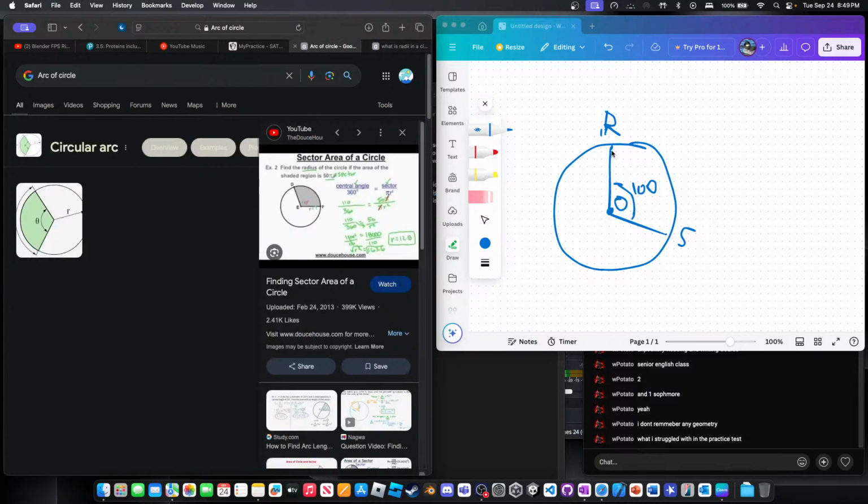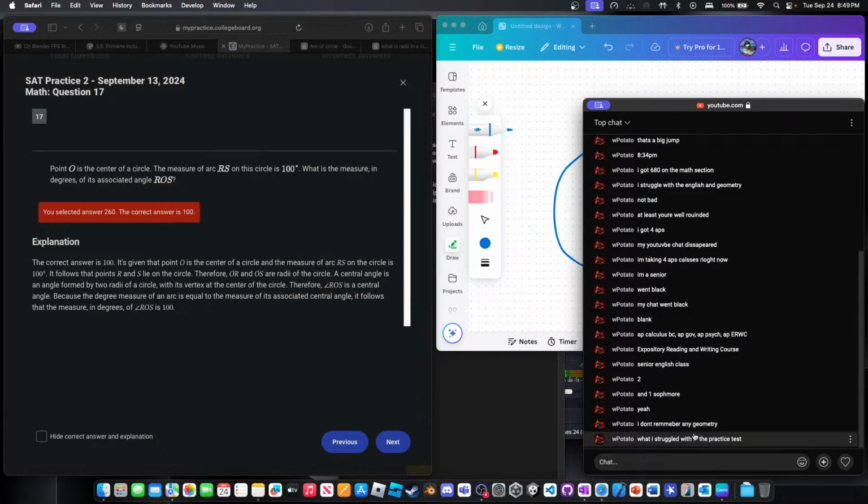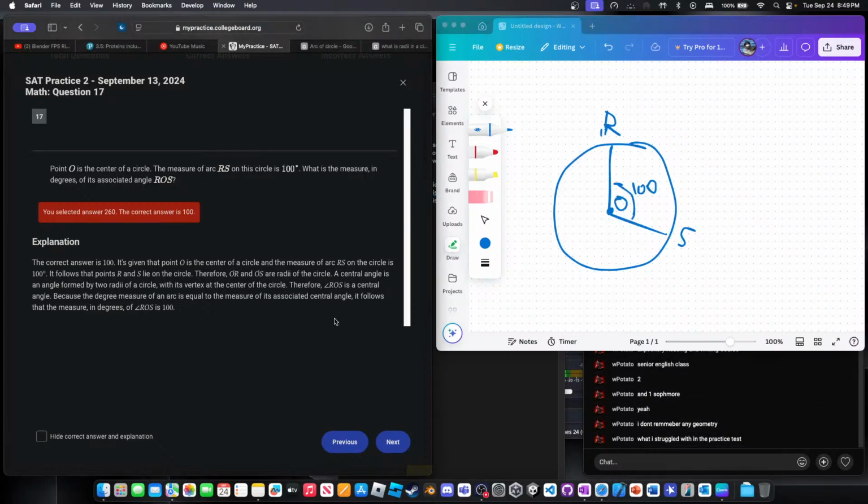Okay, so R and S are radii. What I struggled with... I see. Okay, so let's see. A central angle is an angle formed by two radii of a circle with its vertex at the center. Yes, the vertex at the center of the circle is a central angle.